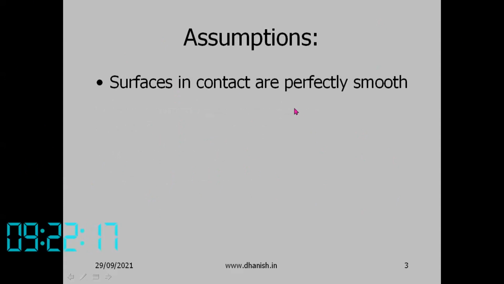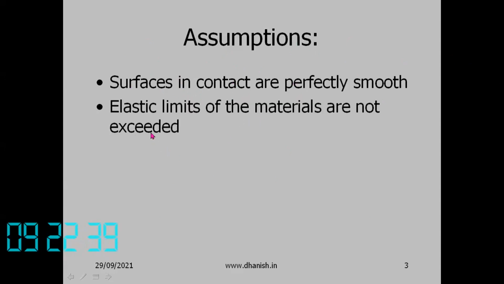So to derive the elastic deformation, we use the theory from strength of materials or theory of elasticity. So we make these assumptions. The surfaces in contact are perfectly smooth. Strictly speaking, this is not correct, but we neglect the surface roughness and all. Elastic limits of the materials are not exceeded, so it is elastic deformation only.